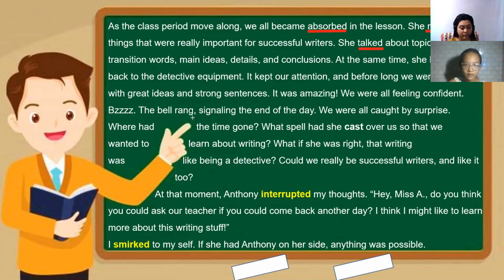Could we really be successful writers and like it too? At the moment, a sunny pesos. He's Miss A. Do you think you could ask our teacher if you could come back another day? I think I might like to learn more about writing stuff. I smirked to myself. If she had authority on her side, anything's possible.